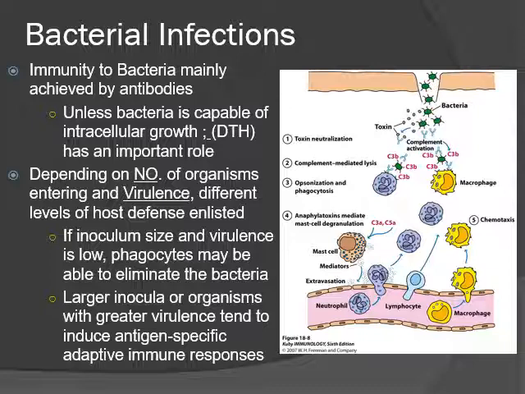As we said in the beginning of this lecture, there is a 4 main type of pathogens. We talk about the virus. Now we are going to talk about the bacteria.